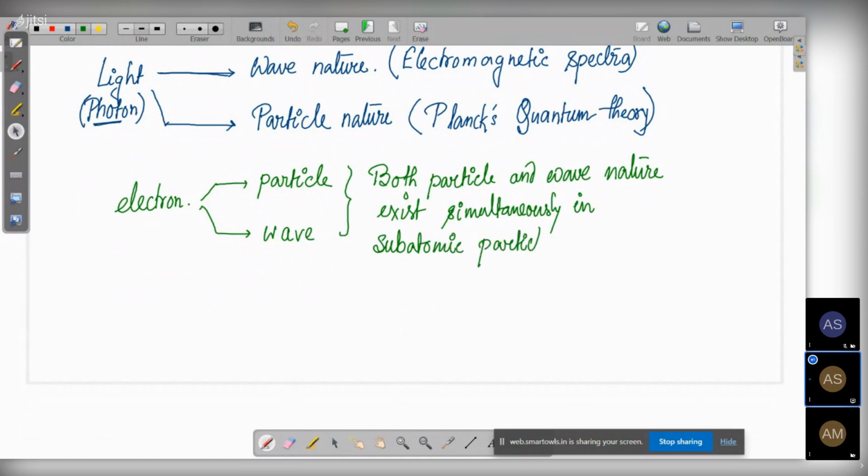What are these subatomic particles? These are like electrons, photons in this.